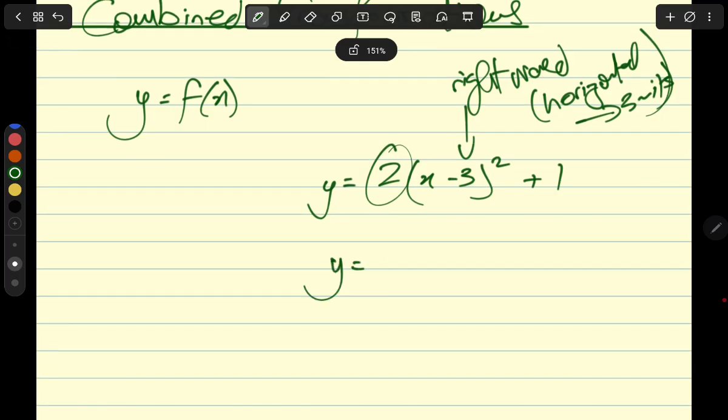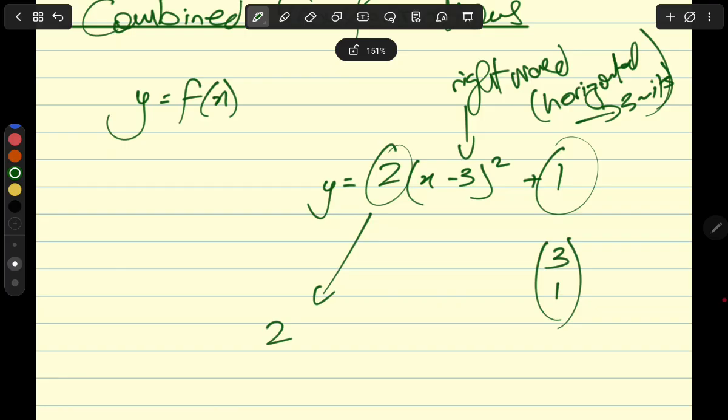So this is y equals 2 times (x minus 3) whole squared plus 1. This is a vertical stretch of 2, and this is a positive upward movement by 1. So this is a horizontal translation of 3 units to the right, a vertical stretch of 2, and a vertical translation of 1 unit up.